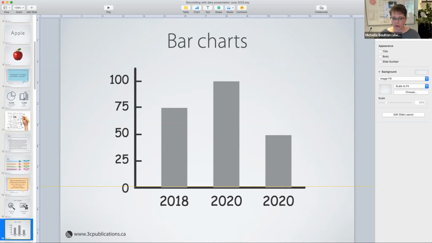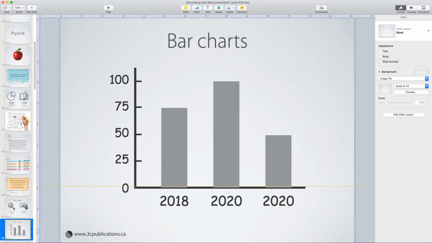We usually have the value scale on the vertical axes. They're intuitive. Most of us see them all the time, so we just kind of rather instinctively understand. And even if we don't, our brains are really quickly able to pick up what the bar chart's trying to say. They're very good for comparing values between groups, good for showing change over time, and they're really good for showing parts of a whole.